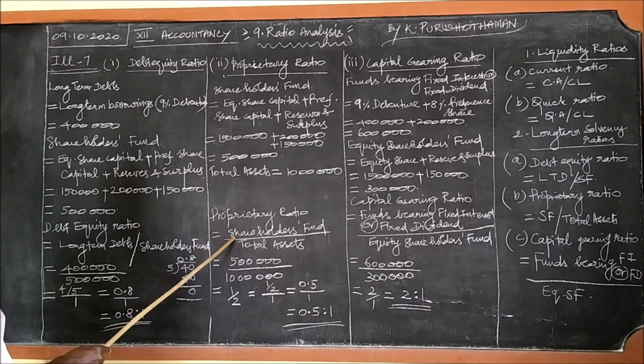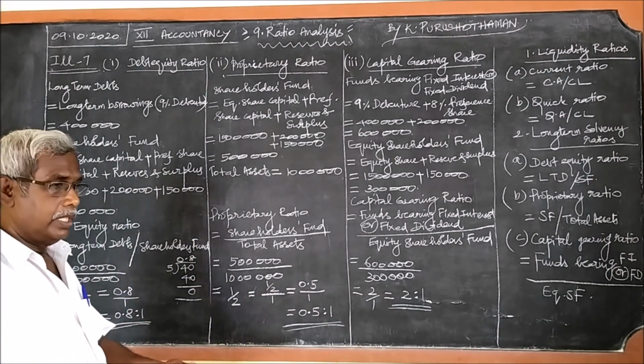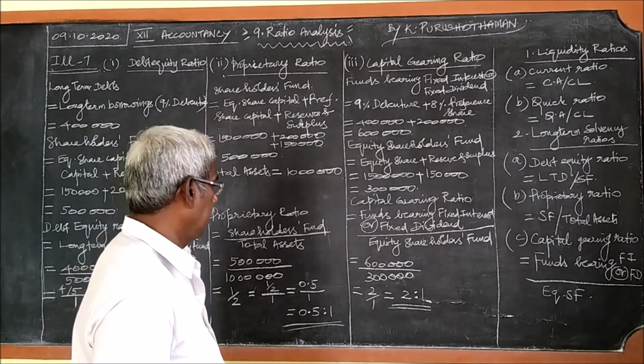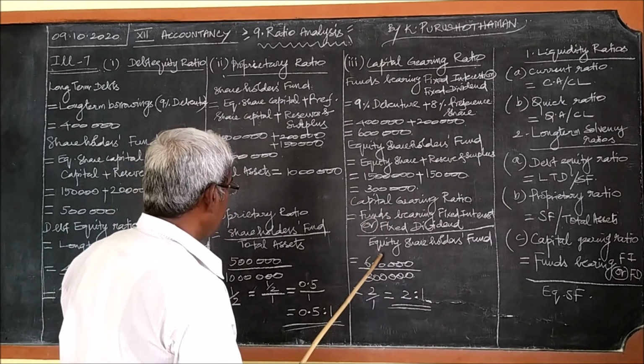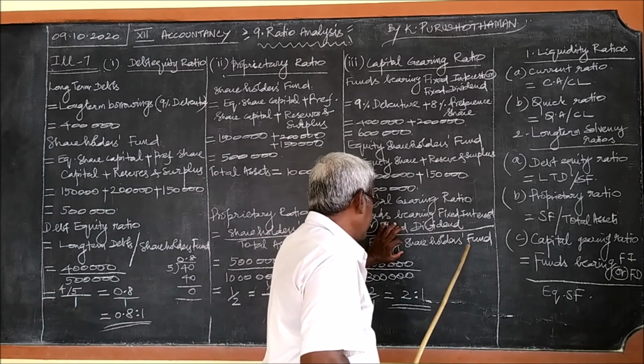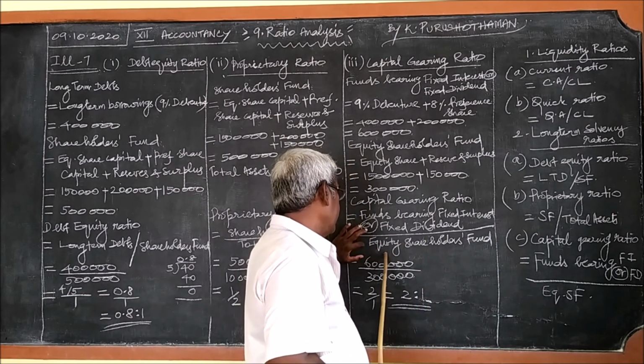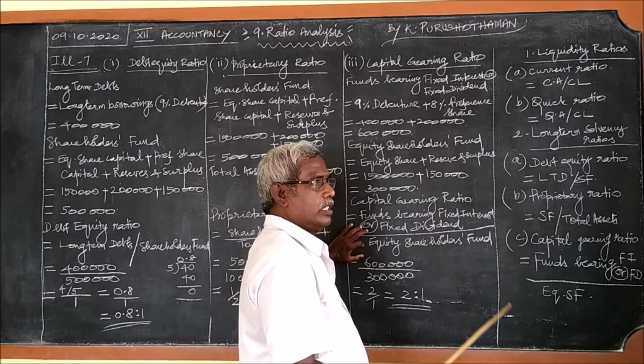Shareholders fund consists of all types of shares plus reserves and surplus. Okay, good. But here it is not given as a general term. Not with this it is given, shareholders fund. Here specifically given equity shareholders fund.